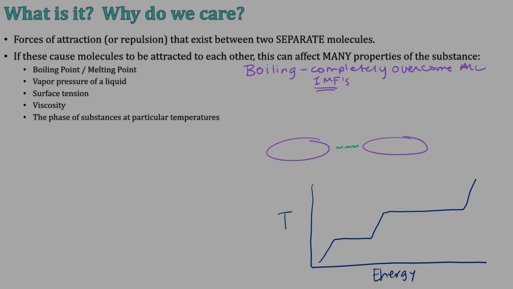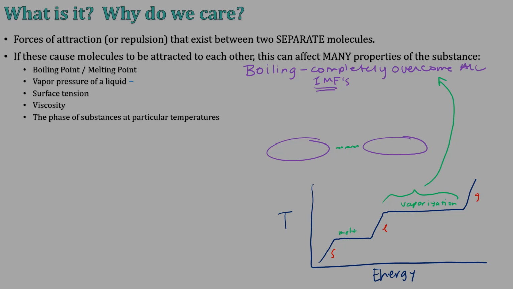So we have solid, liquid, gas, and then right here is the act of melting, and right here is the act of vaporization. This is usually much bigger because we have to overcome all of the intermolecular forces. So you have to put in a lot more energy there in order to overcome those forces and turn it into a gas.